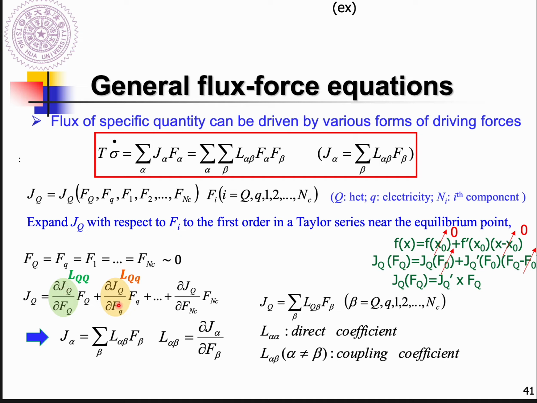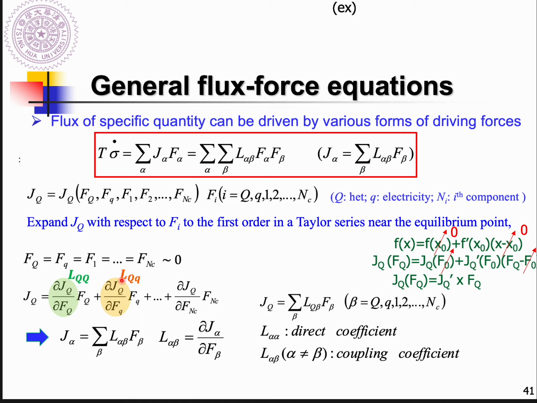This is the physical meaning of L_Q, the direct coefficient. The same idea applies to the coupling coefficient L_Qq. When we apply a unit driving force F_q, which is the electrical potential gradient part, the change in heat flux is what we call L_Qq, a coupling coefficient.